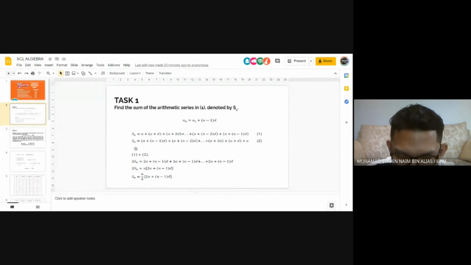And for the second one, we do the same as the first series, but we interchange it from the back to the forward.